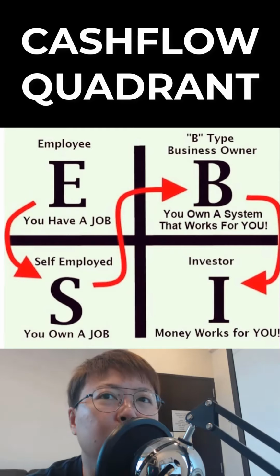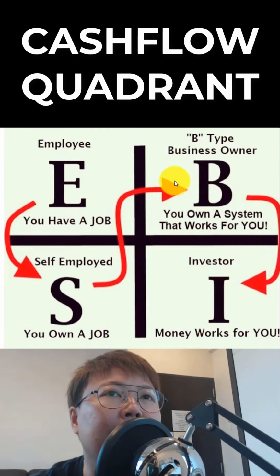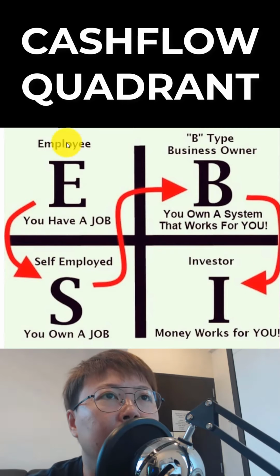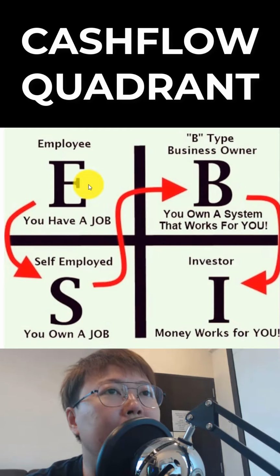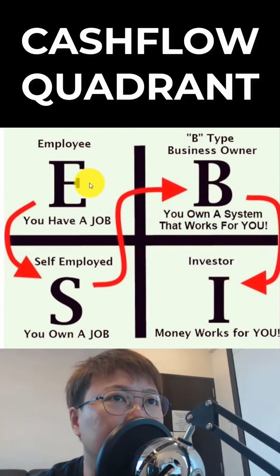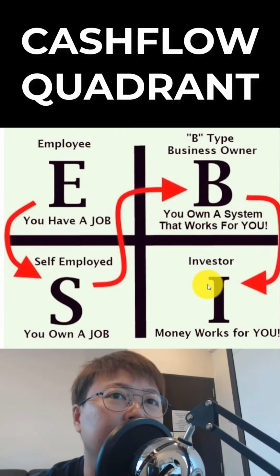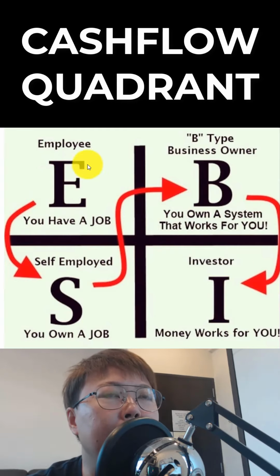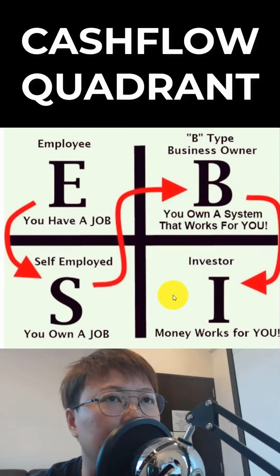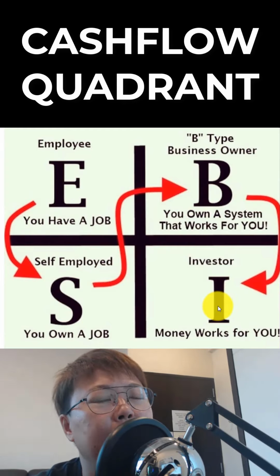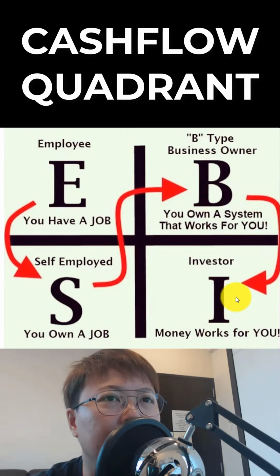If we want to achieve financial freedom, we really need to understand each of these quadrants, because a lot of us started as an employee, but ultimately, if we want to achieve financial freedom, we should be at I. A lot of people are at the employee quadrant but jump into investor, which becomes a very risky game for them.